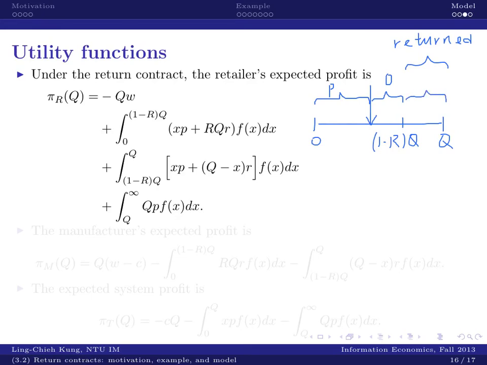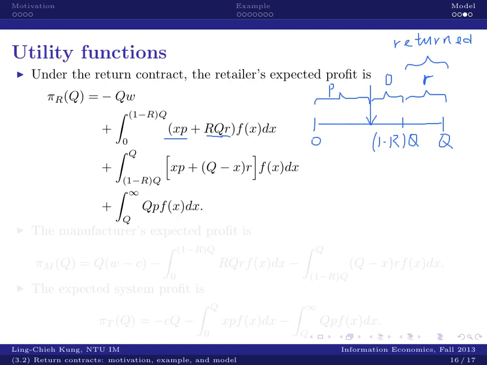And finally, this part is allowed, and for each unit here, I can generate small r as my return credits. So that's why in the first part you have x times p. X is the sales quantity, and then capital R times Q is the return quantity, times small r is the return credits you get. That's how you get your first term.